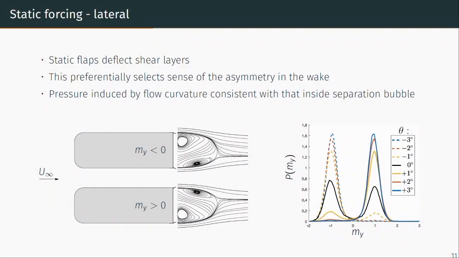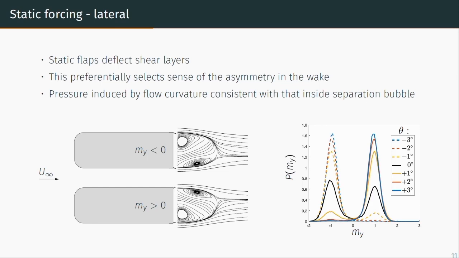The first forcing we can do with our flaps is to just position them at static angles, static offsets, and see how that interacts with these large-scale features in the flow. What we find is that if we position the flaps at various different angles theta in an anti-symmetric manner, we're able to preferentially select the sense of the asymmetry that the flow exhibits.